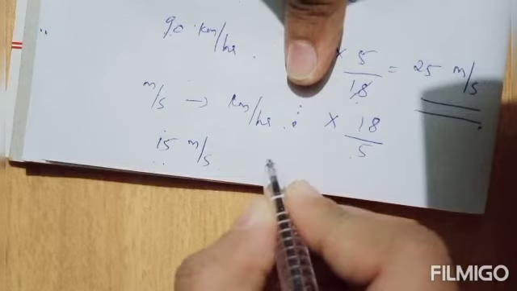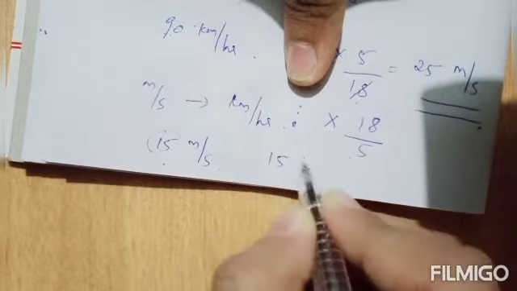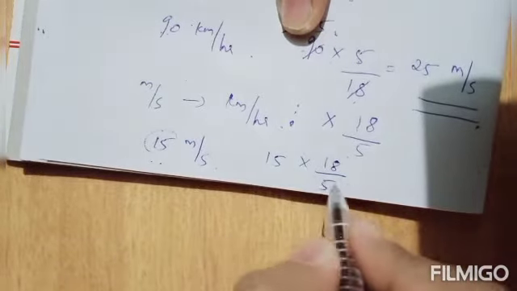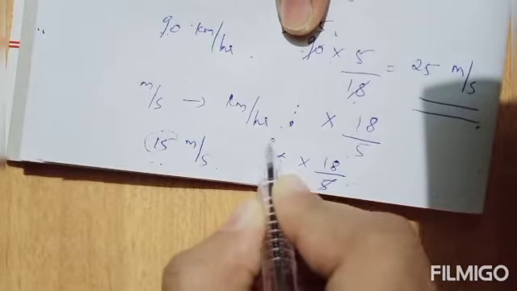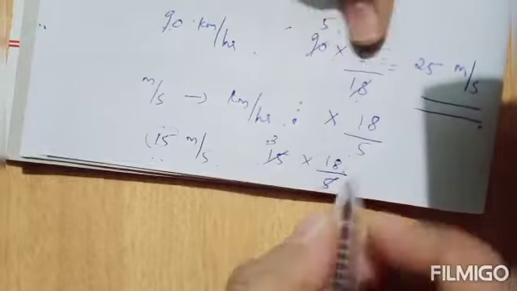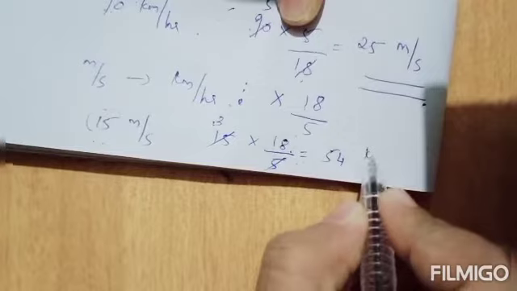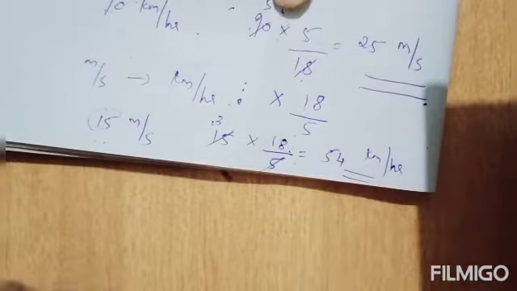Multiply this 15 by 18/5. Okay, so 5 and 15, you can cancel, it will be 3 here. Now 18 into 3 you will get 54. Now the unit will be kilometer per hour.